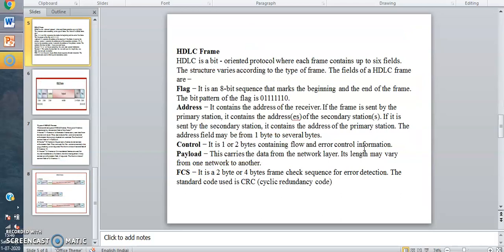HDLC is a bit-oriented protocol where each frame contains up to 6 fields. Here both data and control messages are carried in a standard format frame.